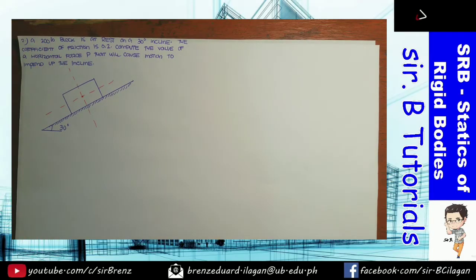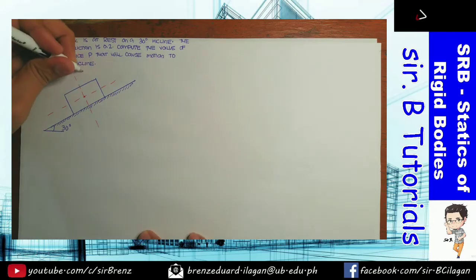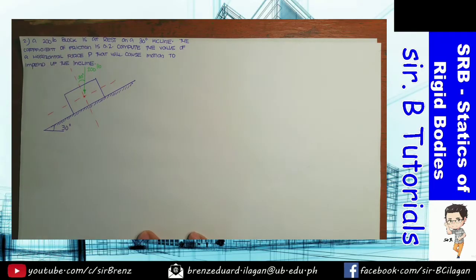Okay, so there, we have a 200 pound block. So you have here 200. And again, if this is 30, therefore this is also equal to 30 degrees.